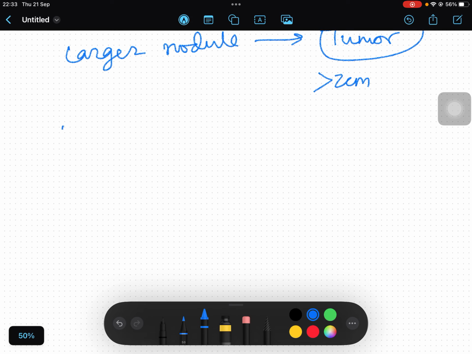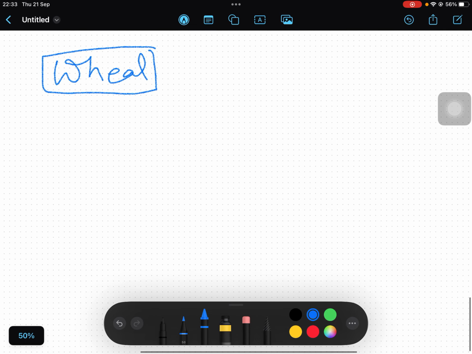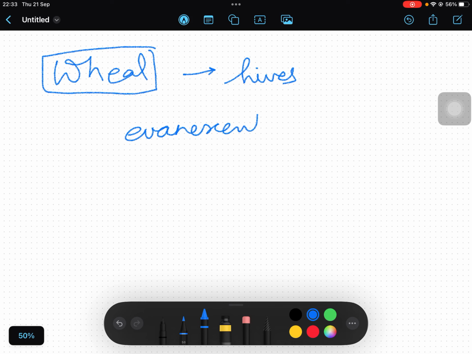The other primary lesion is a wheal. Wheals are commonly known as hives. The special character of a wheal is that it is evanescent, that is, transient.